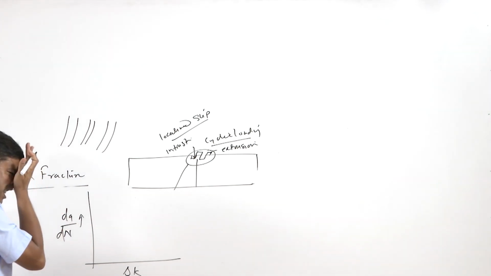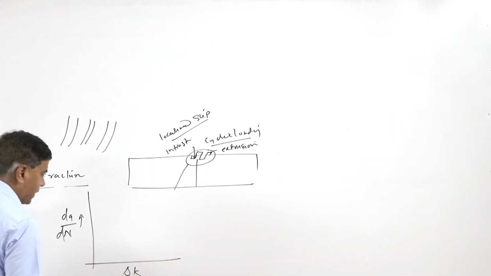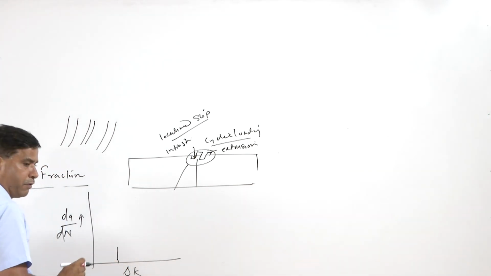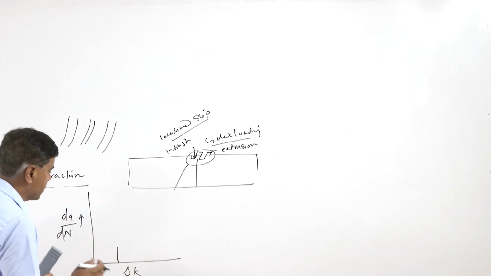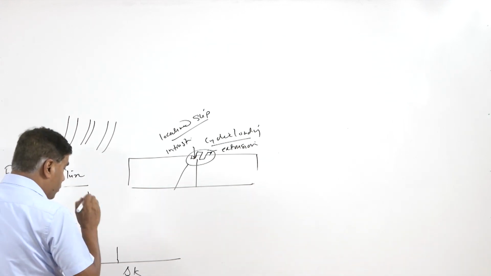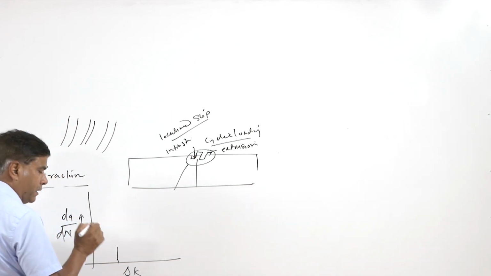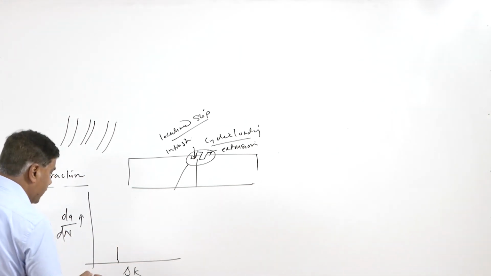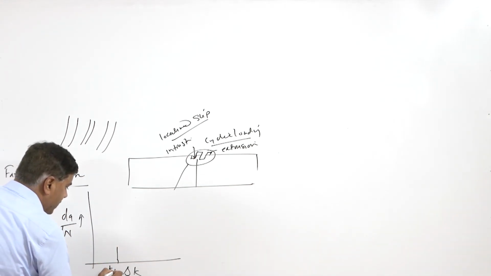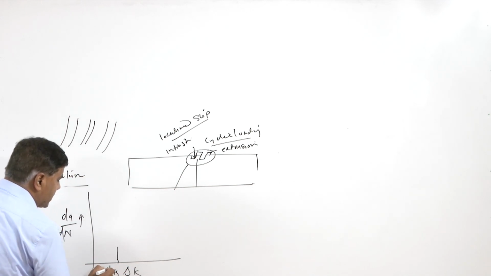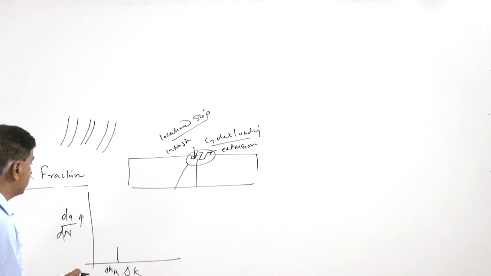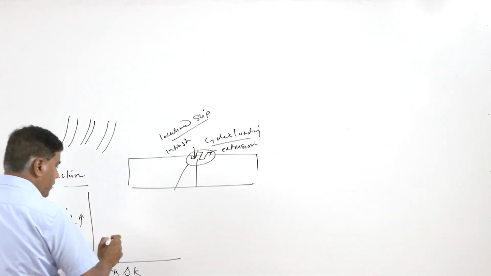So this indicates the rate of crack growth, especially in the second stage. A minimum stress intensity factor range is needed for growth of the crack. Before that the crack will be non-propagating type. So this is known as K_th, or you can say delta K_th, the minimum threshold stress intensity factor range which is required for the crack to propagate.